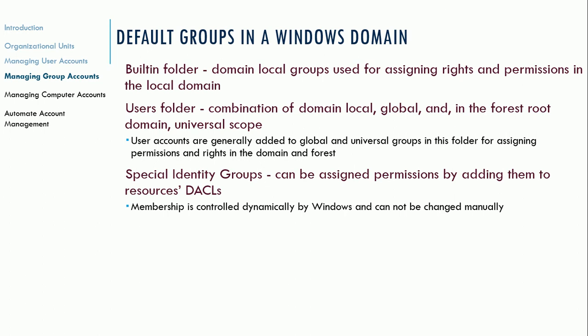In other words, there are some default groups that come with Windows Server that you can use, or you can create your own groups. And most of us find that we have to create our own groups based on what our organization's needs are. But I guess in theory you could use the ones that are built in. But you'll find that these are available to you when you start managing these groups, and you'll see these in the labs.